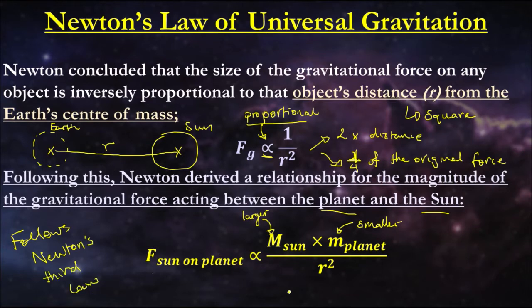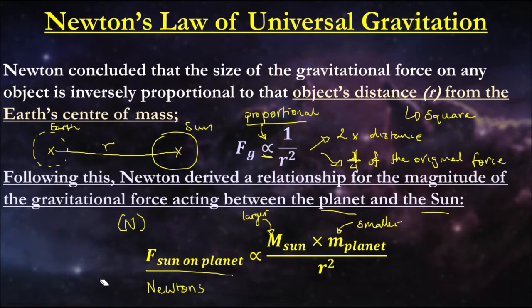Now, if you look at this equation here, we have a slight issue, and that is we don't get the units for force, which is in newtons. Newtons can be expressed as capital N. If we look at the formula for Newton's second law, F equals ma, then force can also be represented as kilograms meters per second squared.